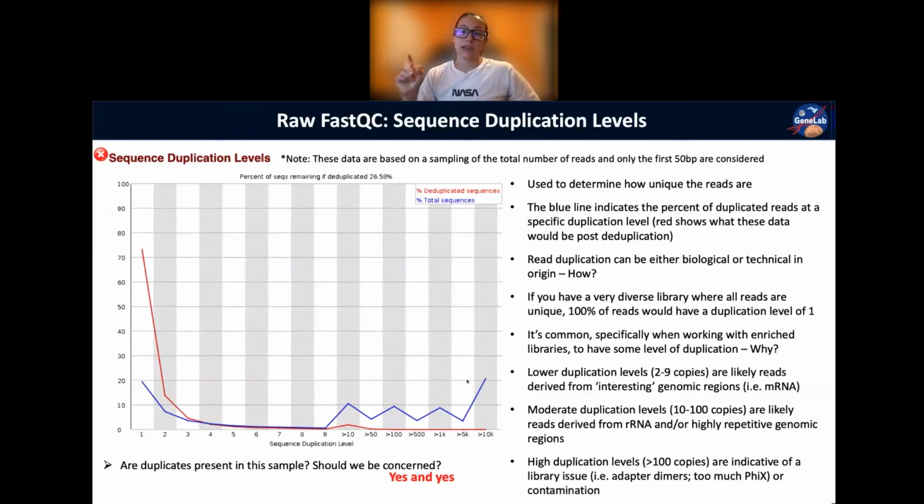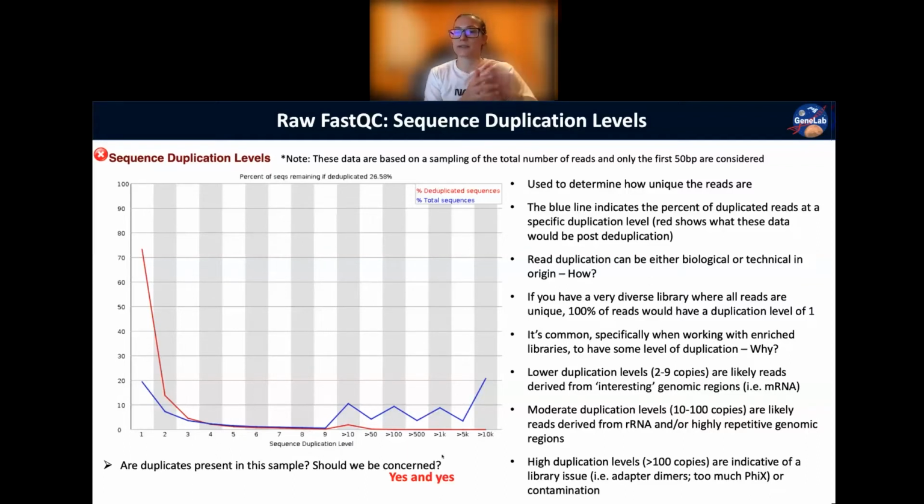So if you have the same exact sequence and the same exact UMI on multiple reads, then you can be more confident that that was indeed a technical duplicate that came during the PCR amplification process. So yeah, I would be concerned here, but again, I always take this with a grain of salt because of those caveats where it can't distinguish between the two.